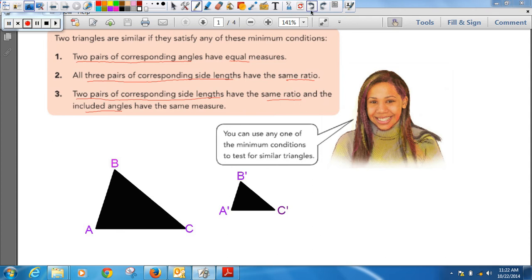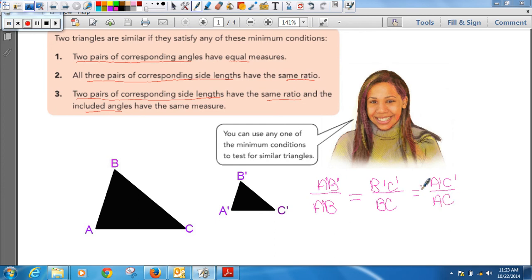Instance number 2 says all 3 pairs of corresponding side lengths have the same ratio. That one's a little bit harder to understand. I'll set up the ratios. So we have A prime B prime over AB is equal to B prime C prime over BC is equal to A prime C prime over AC.